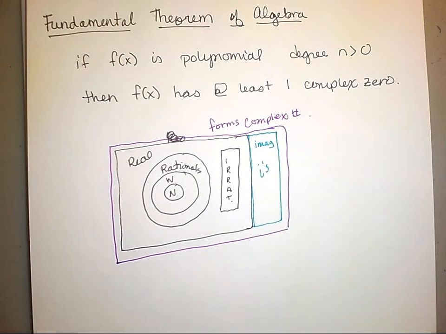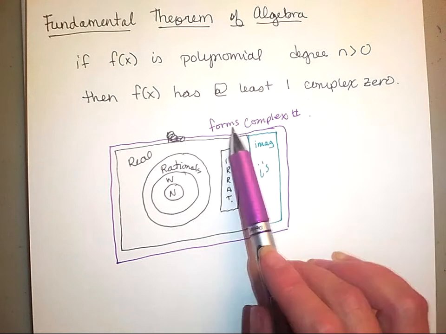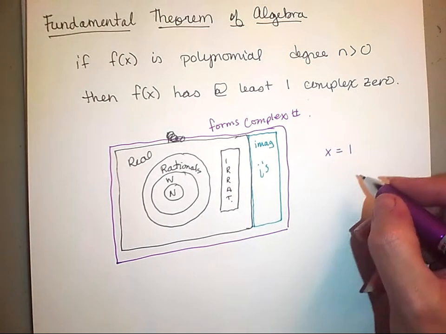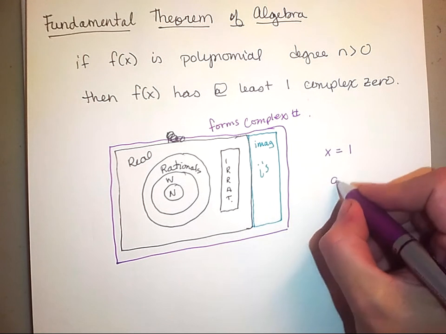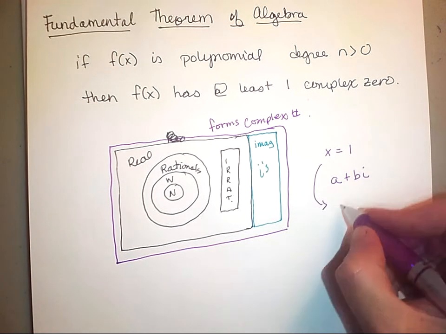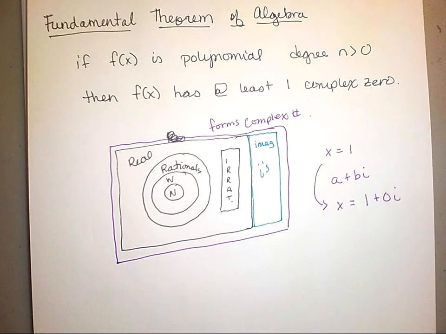So it could be a complex number, like when we said x is equal to 1. Remember that all complex numbers are written in the form a plus bi. So we could just write this solution as x is equal to 1 plus 0i. Now we generally don't, but we could. So this is what the fundamental theorem is showing.